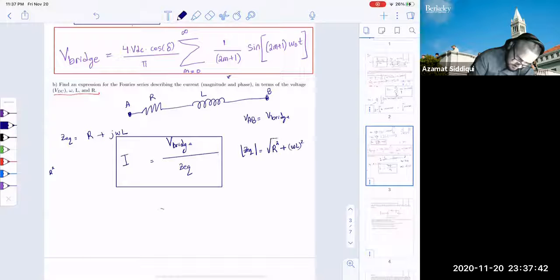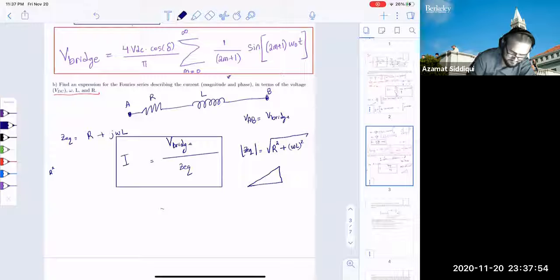Then we take the square root of the two. Just simply, if you have a triangle, say this is the real part, and this is the imaginary part, omega L, and you want to find the magnitude, which is right here, then using Pythagoras theorem, you find that's the case. Okay, that was a good review.